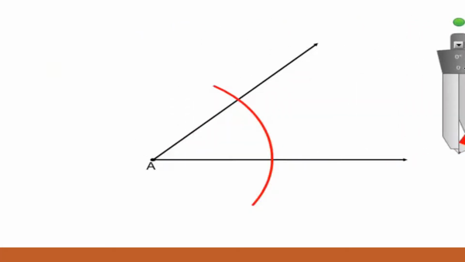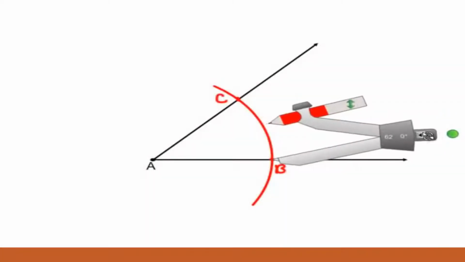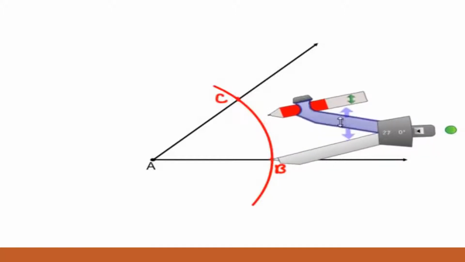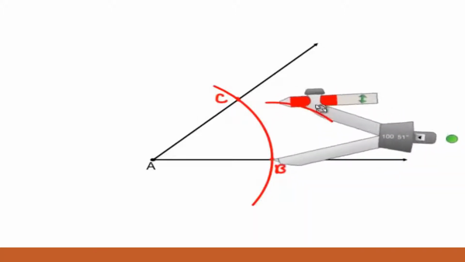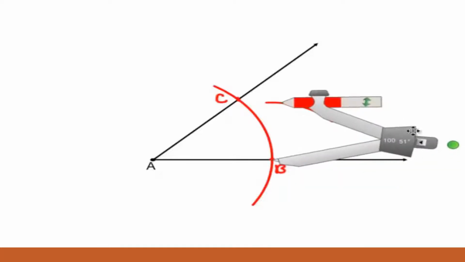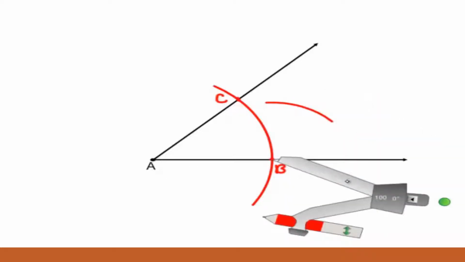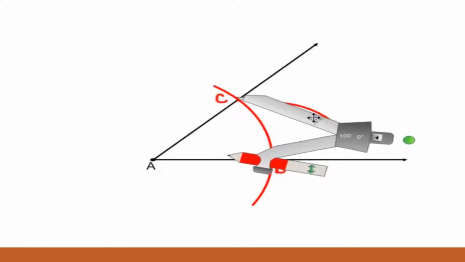Then label the two intersection points B and C. Then take your compass, place the point on point B, and open up the arm of the compass over halfway between the two sides of your angle. Make an arc.